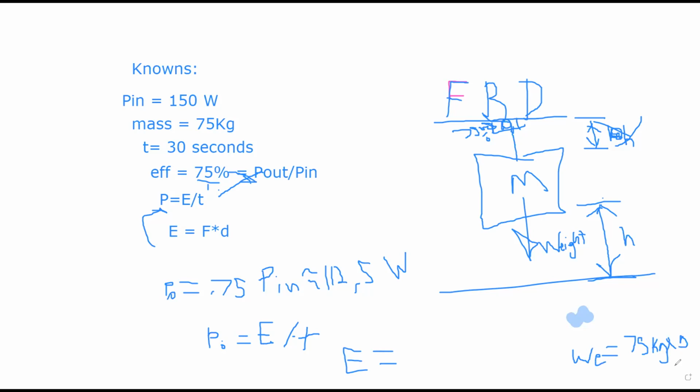So if you divide, I get E is equal to, I'm sorry, 33.75. And I get W is equal to 735 newtons.